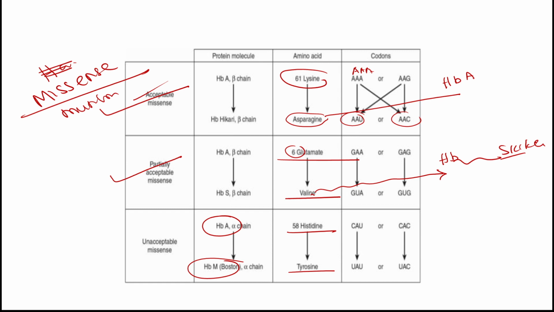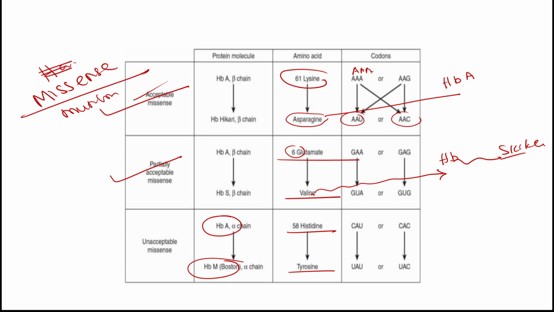It will not dissociate. Therefore, the function of transporting oxygen from a higher oxygenated place to a low oxygenated place will not happen. So it will not function. Hence, this is an unacceptable missense mutation. Such individuals would die.